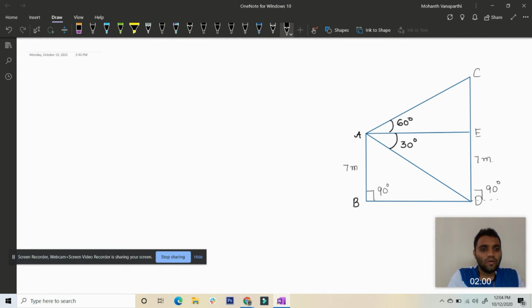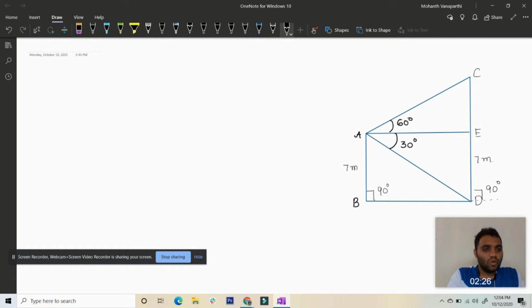Along with this, we also have the angle of elevation EAC equal to 60 degrees, and the angle of depression EAD, that is 30 degrees. So this is the given data. DC is the length of the tower which we need to find out.